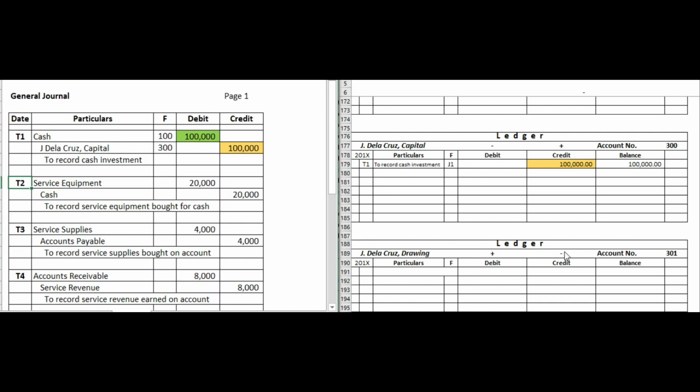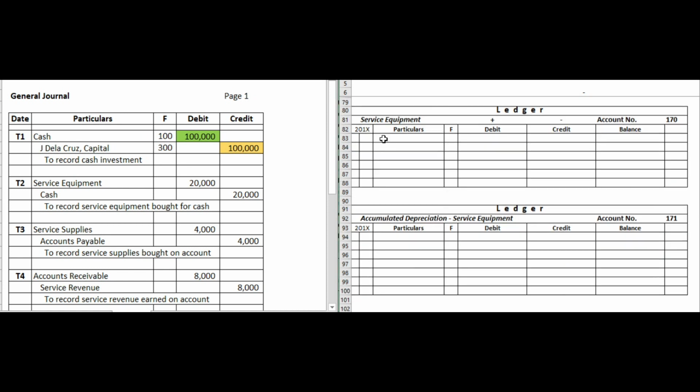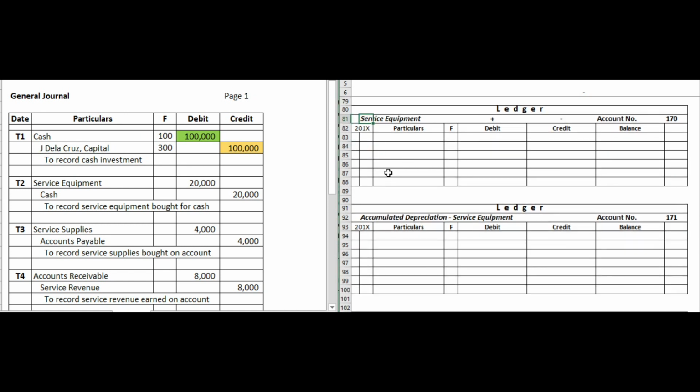So, transaction 2, explanation, general journal 1, debit, balance, debit of 20,000. Hindi nyo na kailangan lagyan ng debit or credit yung balance. Lagay nyo lang yung amount, magigets nyo na, kasi this is an asset, so debit balance yan. Okay, reference 170. Lagyan natin dun sa journal, 170.